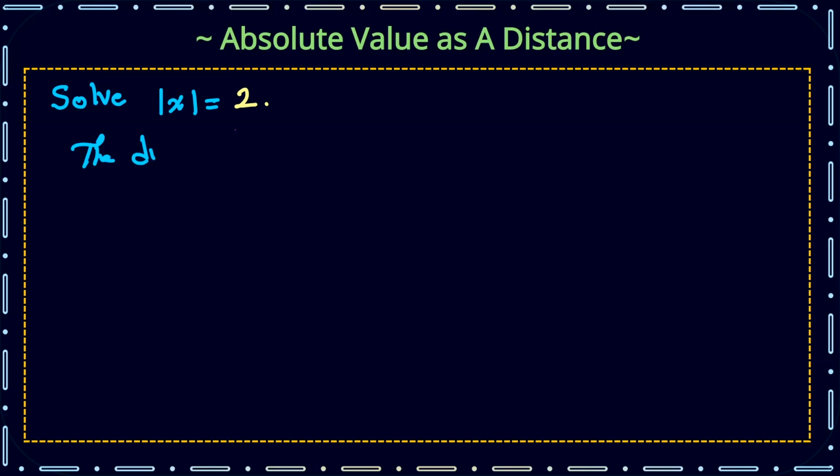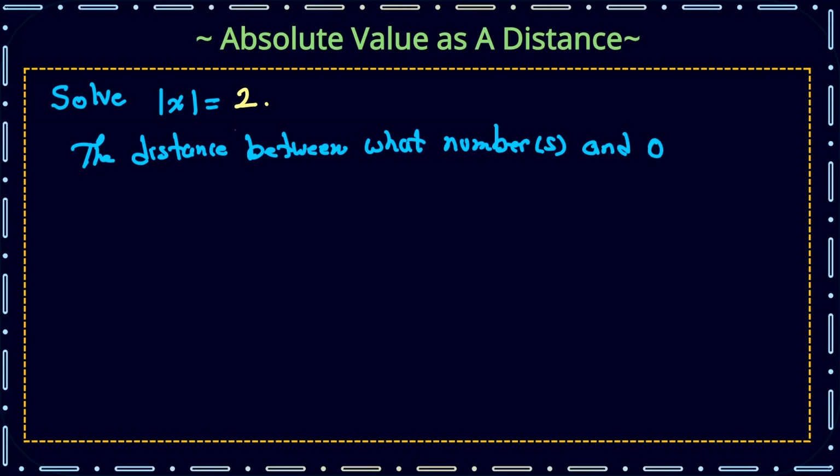The distance between what number, or there could be possibly numbers, and 0. That's what absolute value of x is. X here stands for what numbers. The distance between what numbers x and 0 is 2.